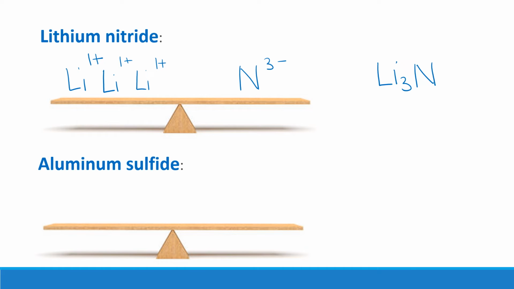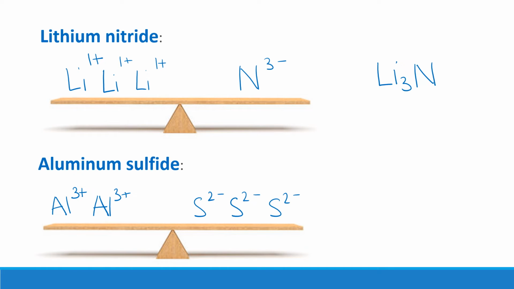And one that's a little bit more tricky, aluminum sulfide. Aluminum has a charge of 3 plus. Sulfide ion has a charge of 2 minus. All right, so I'm a little short on negatives. 2 negatives, 3 pluses. If I put in another sulfide, now I have too many negatives. So I'm going to keep adding ions to both sides until I balance for charges.